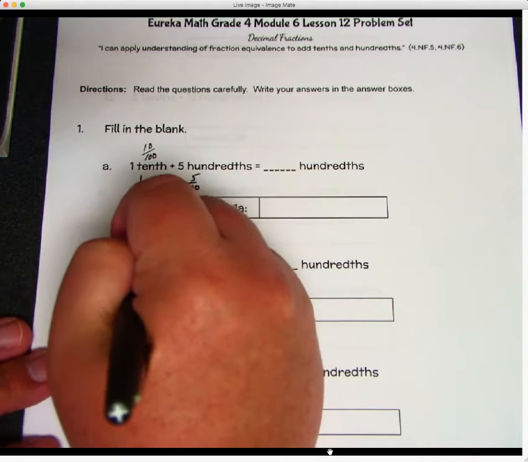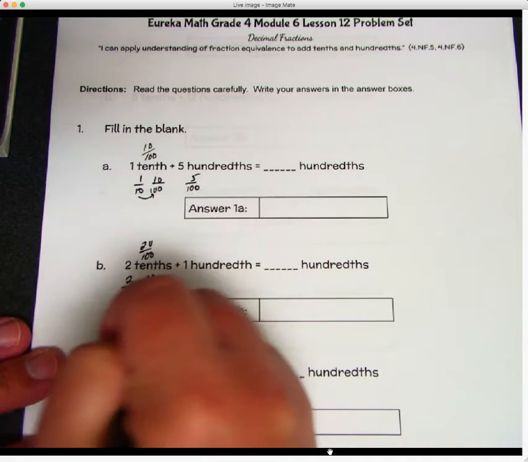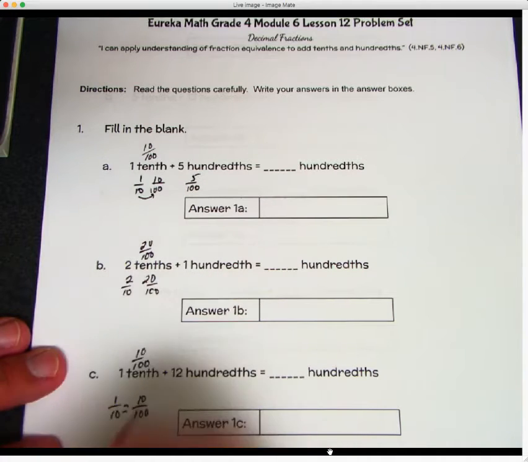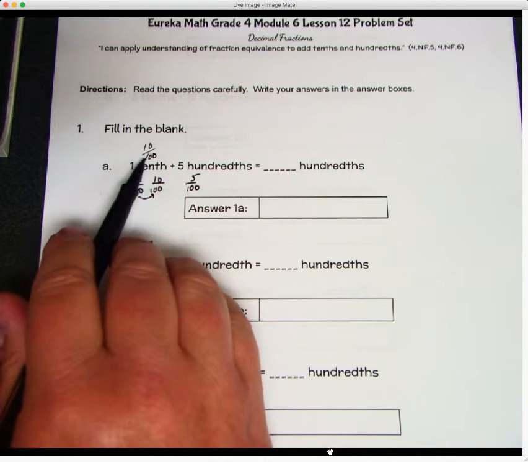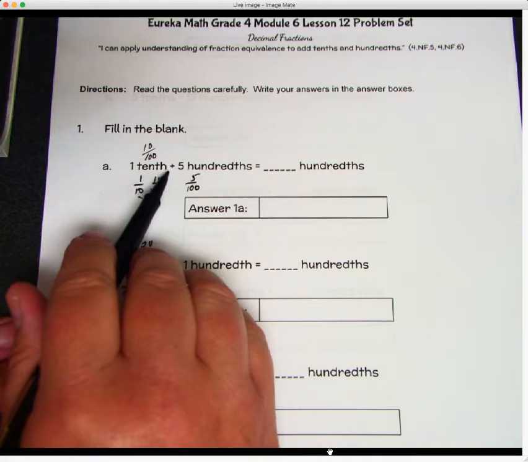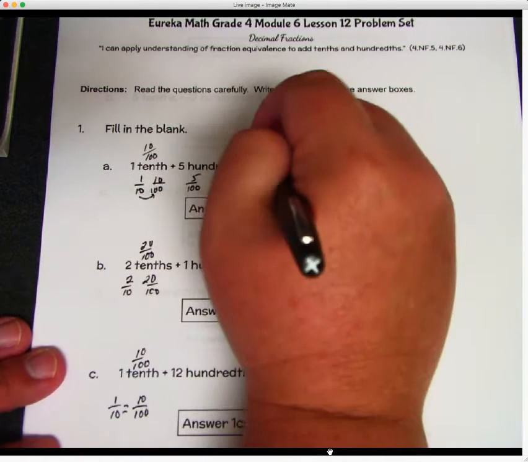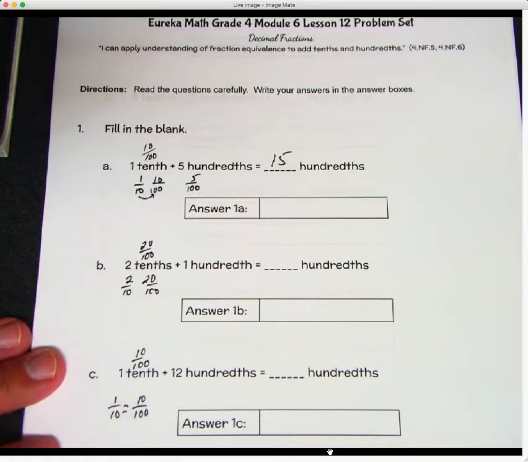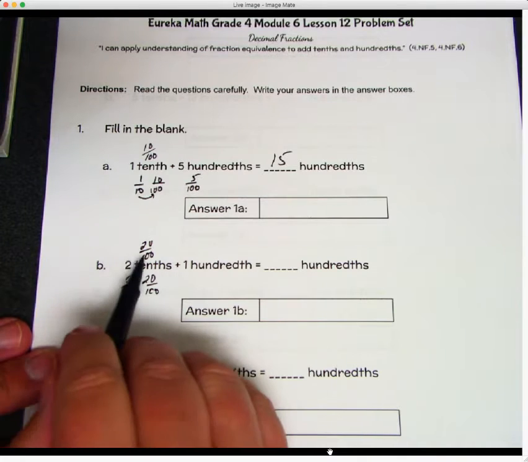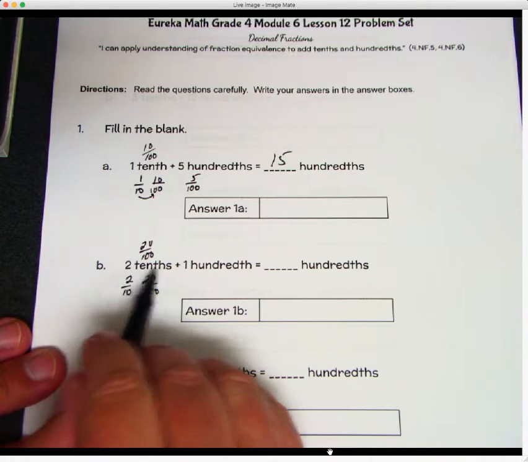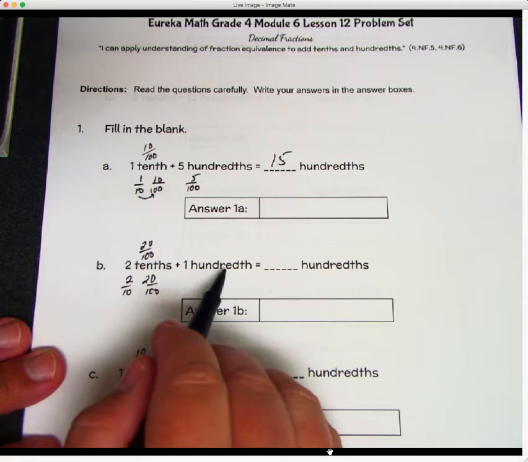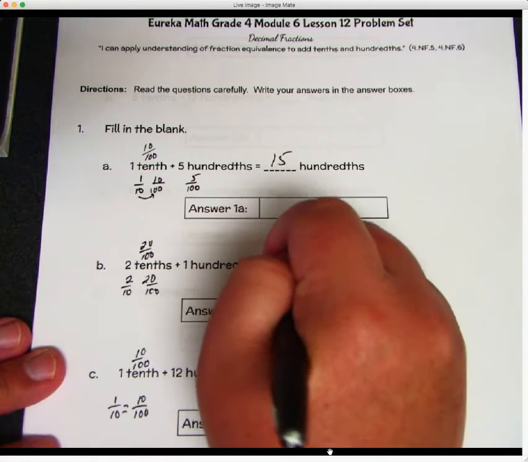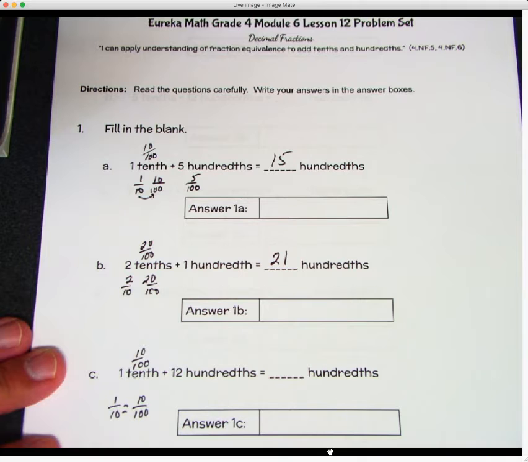So as we add these now, it's going to be much easier since we went ahead and made them hundredths. So if I have 10 hundredths and I add 5 hundredths, what's 10 plus 5? I would have 15 hundredths. If I have 20 hundredths, which is the same as 2/10, and add 1/100th, how many hundredths do I have? 20 plus 1 is 21 hundredths.